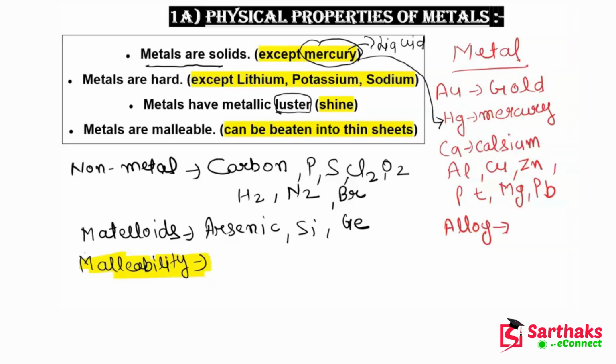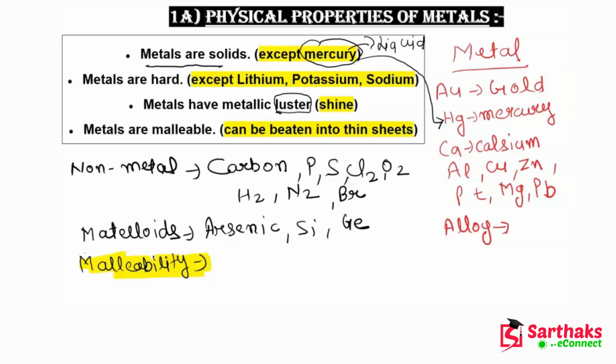Okay, you might have heard that on sweets there is a very thin layer of silver. So you can see that that layer is very thin. What is this and why is this? Because the metal is very malleable.